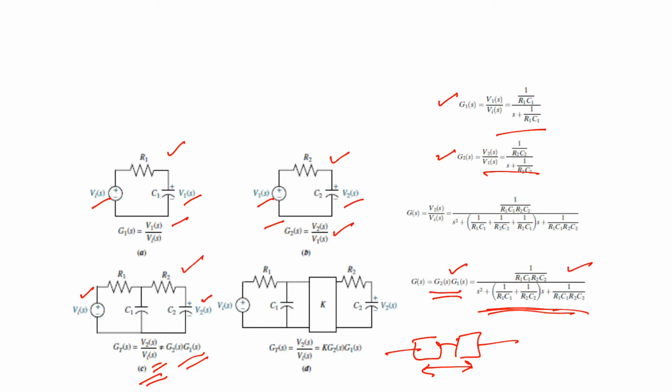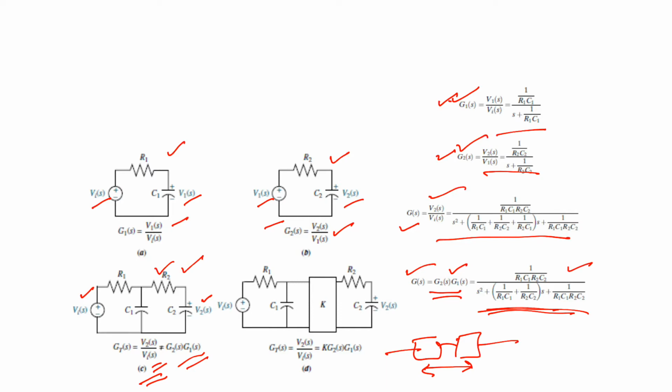However, when the network is placed in a cascade and we use the loop or the node equations, then the transfer function would be this one. This is the transfer function obtained by multiplying both transfer functions G1 and G2, and this is the transfer function obtained by the loop or node equations, and we can say that these are not the same.